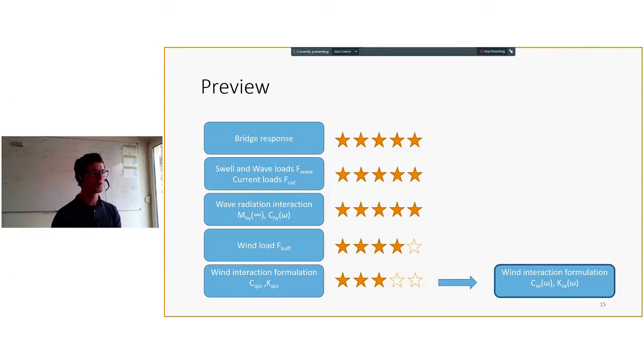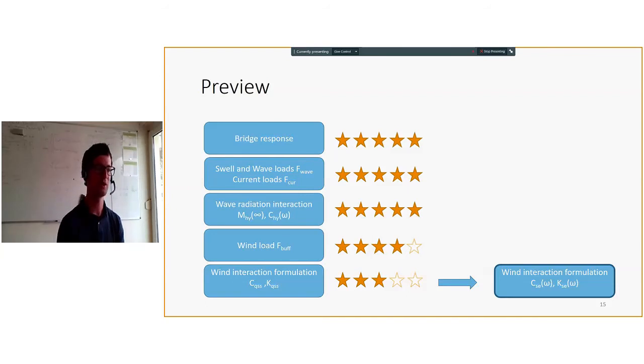It would also be interesting to know what happens when we change the wind interaction formulation. And this is actually my focus in the research that I'll present to you now: to improve this interaction formulation. And there are two good arguments. The ultimate limit state can be predicted with a frequency-independent self-excited force model.